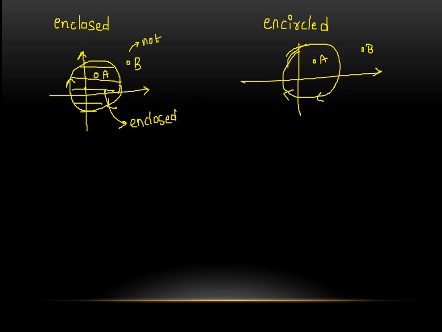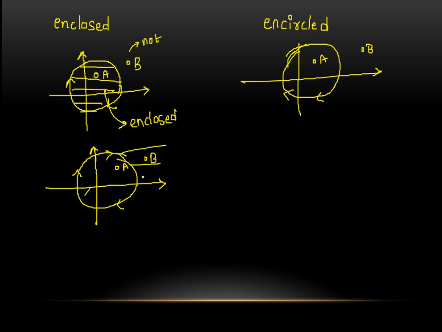So for enclosement, for example, if I have the same two points A and B, and we have some traversed path in this direction, and the shaded region is outside this point, then with respect to this figure, point B is enclosed and point A is not enclosed.